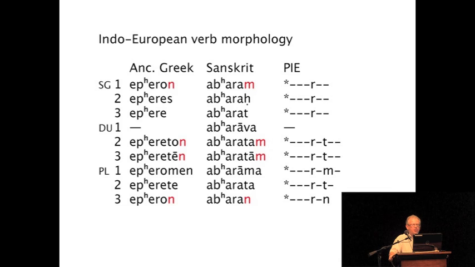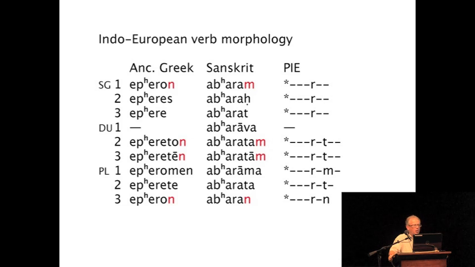Now, if you think about the principle of regularity of sound change, then it becomes clear that only the second of those is a possible solution. If we start off with N at the end of all the words, there's no way we can have a regular sound change that will sometimes give us N and sometimes give us M in Sanskrit.